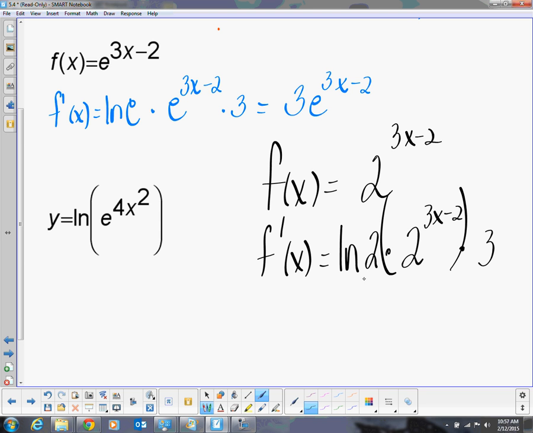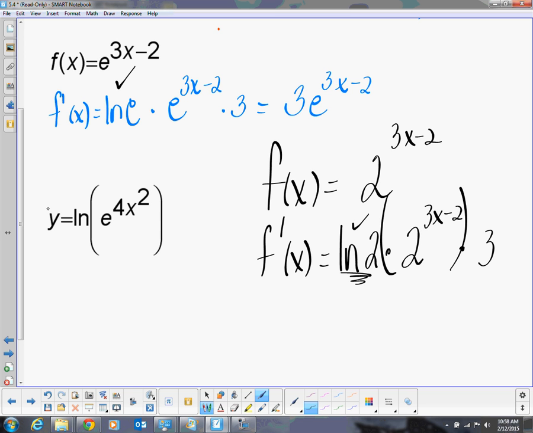No. ln 1 is 0. Was this ln 2 going to disappear? No. Did the ln e disappear? Yes, it did. But it won't all the time. So my suggestion is do this all the time tonight. Then when we get to this, which is I think in 2 days, it will be a piece of cake.